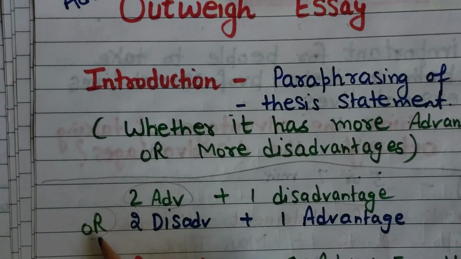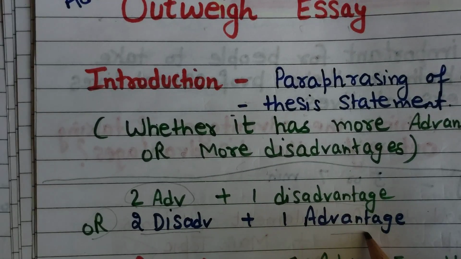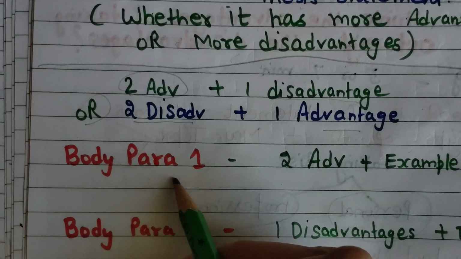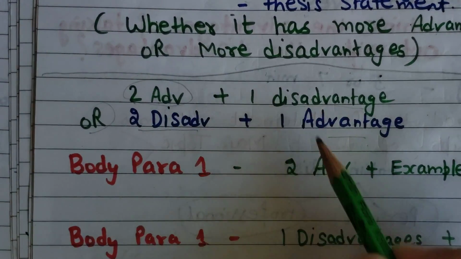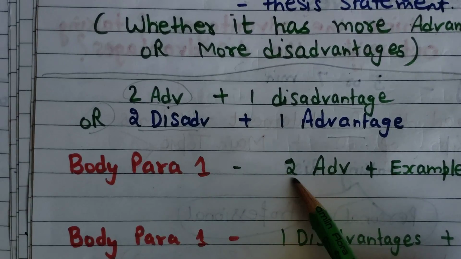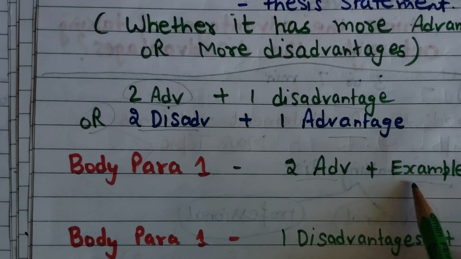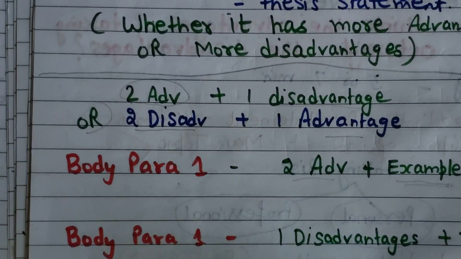Or if you do not agree, then you will be writing two disadvantages plus one advantage. Now in body paragraph 1, if I am agreeing that it has more advantages than disadvantages, I will be writing two advantages plus one example.